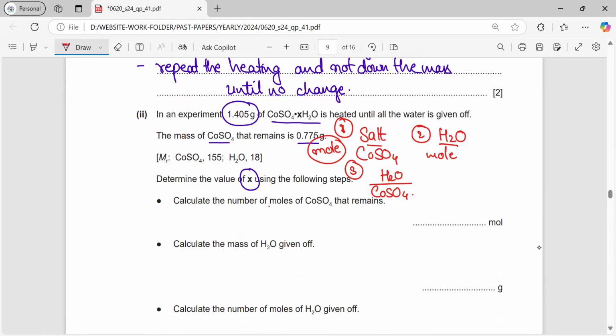Calculate the number of moles of cobalt sulfate. Now here we'll use the formula. Moles is equal to mass over molar mass. The mass here is given to you in the question, which is 0.775. The mass of cobalt sulfate.